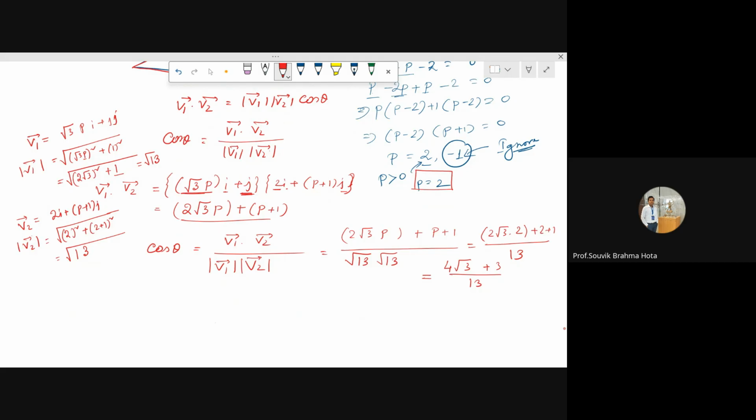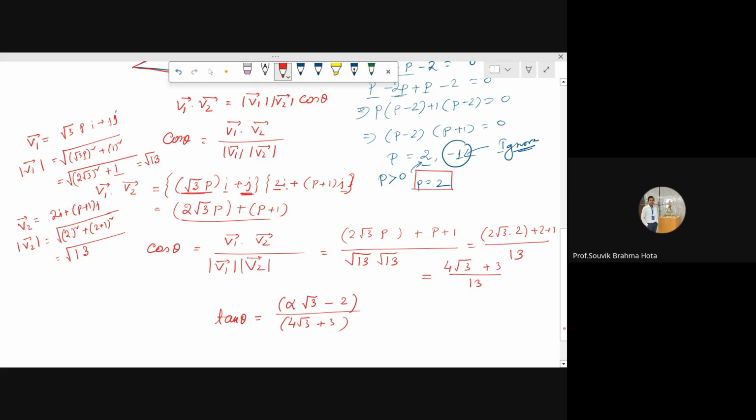Now tan theta, in the question it was given. Let's go through the question. It was given tan theta is equal to alpha root 3 minus 2 divided by 4 root 3 plus 3.